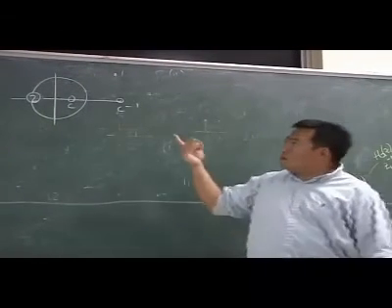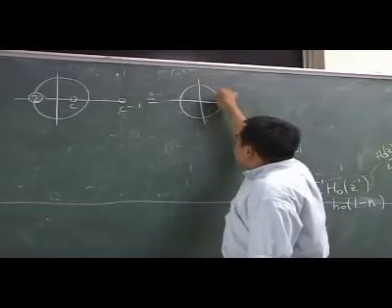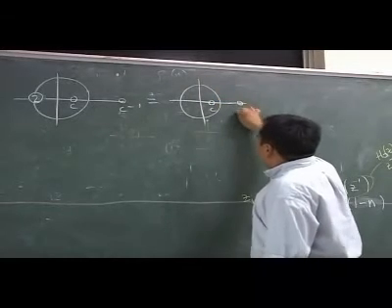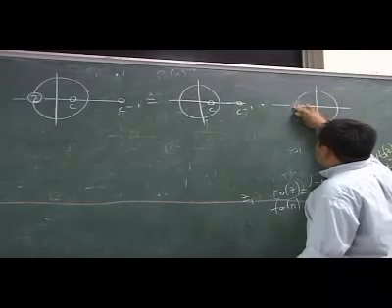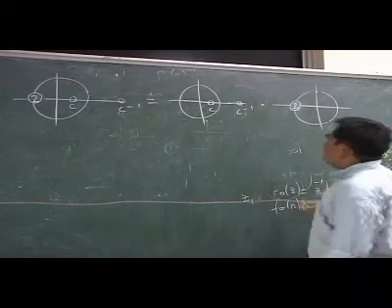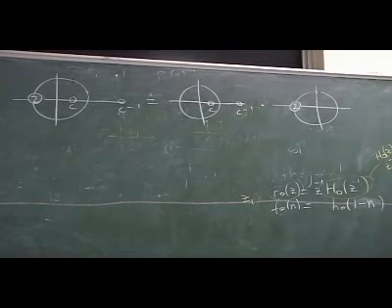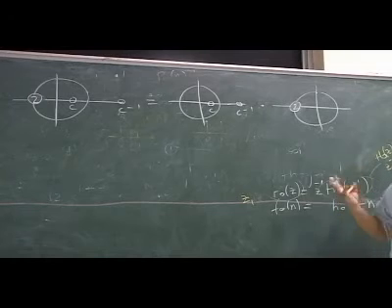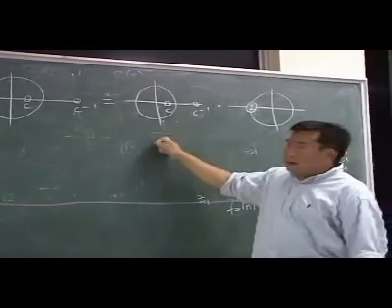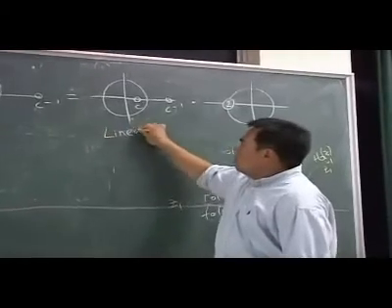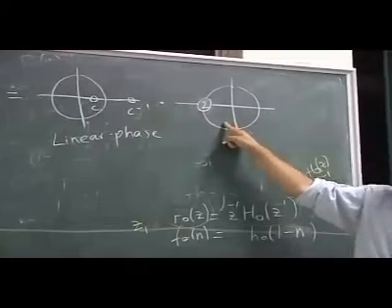Well, you see that this can be factorized into two systems, a product of these two systems. If it's an FIR system polynomial, I can factorize it this way, it's LTI, right? Does this have linear phase? Yeah. Does this have linear phase? Yes.